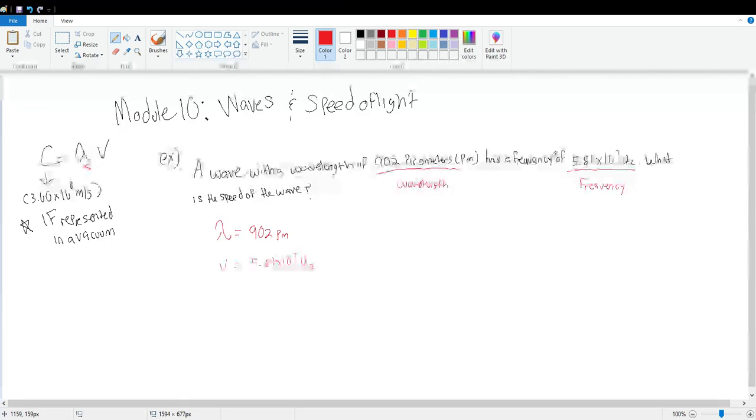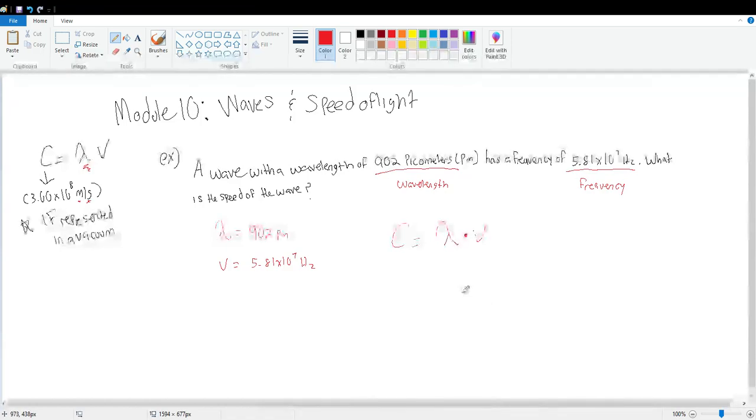So we could go ahead and use the speed of light formula, which is c equals wavelength times frequency, and we have our values. So you may see that over here the speed of light is in meters per second.